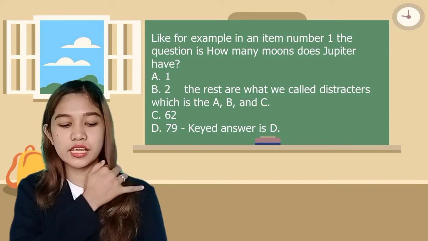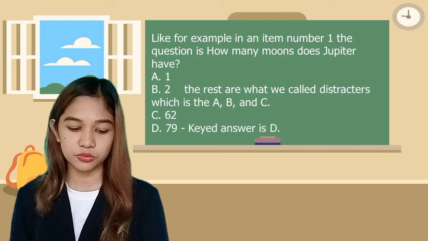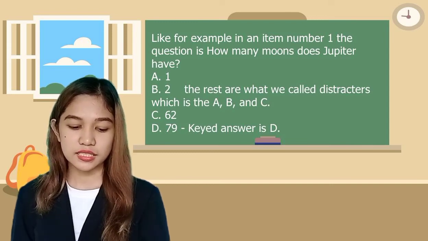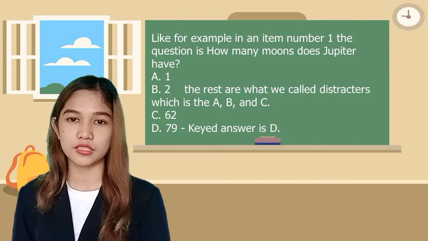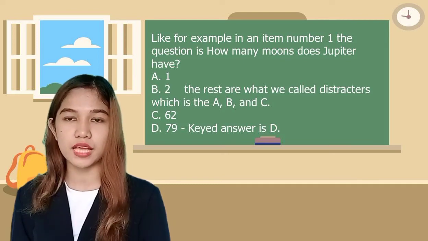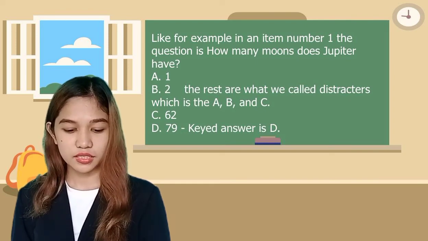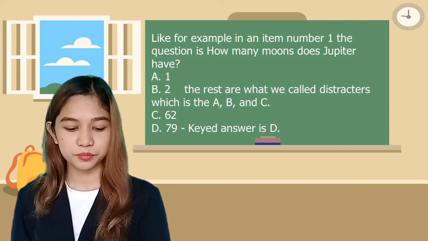You may see that the options are letter A is 1, letter B is 2, C is 62, and the last is 79, which is the correct answer or the keyed answer. The rest of the choices, which are A, B, and C, are what we call the distractors.